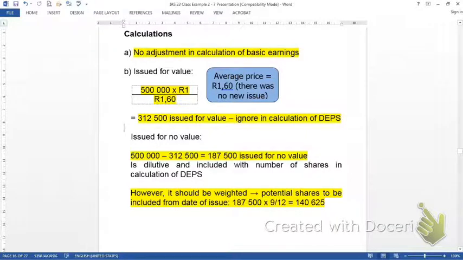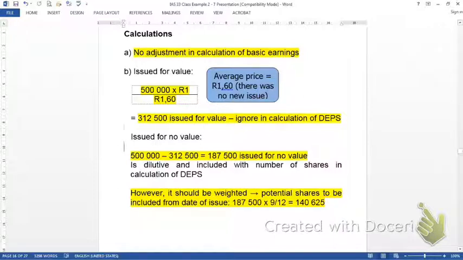But we need this to do our calculation, because how does it work? If you issue 312,500 shares for value, you are happy with that because you are getting the value that the company is worth. But how many shares did you get for free?